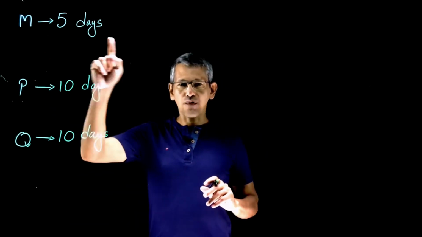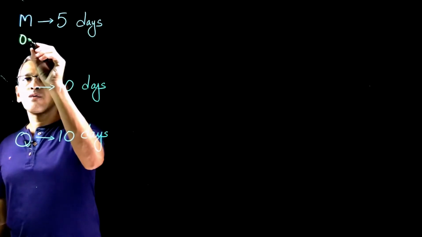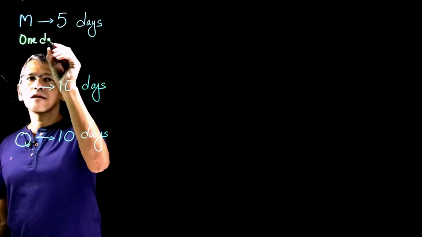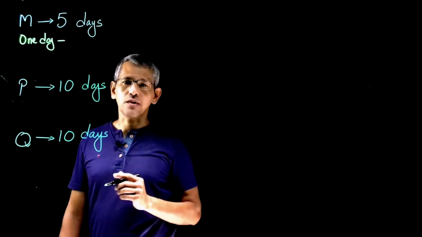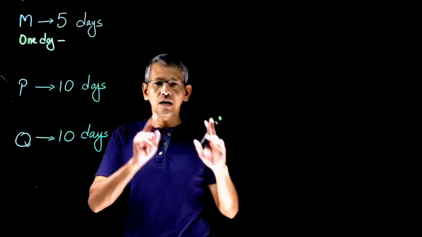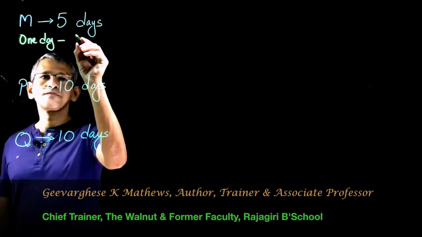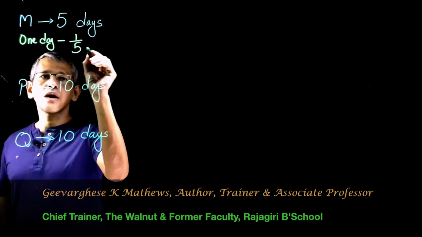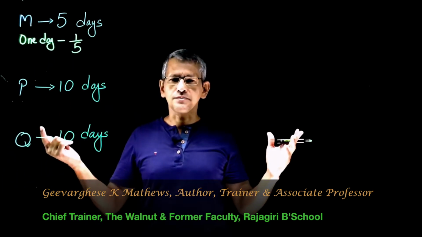He needs 5 days to complete the work, so in 1 day he can do 1/5 of the job, right? So 5 days to complete the work, and if he works for a day, 1/5 of the task.